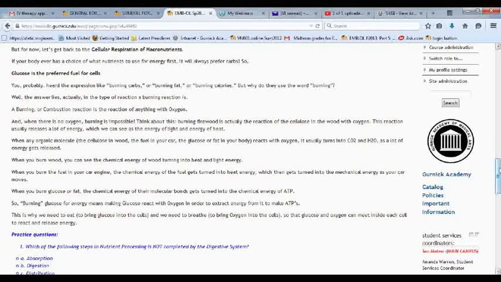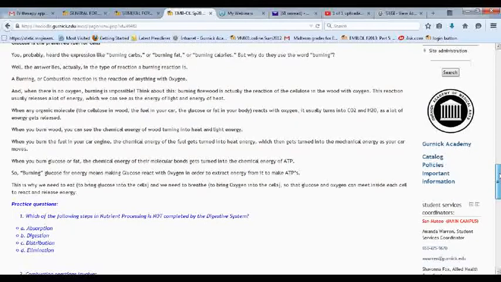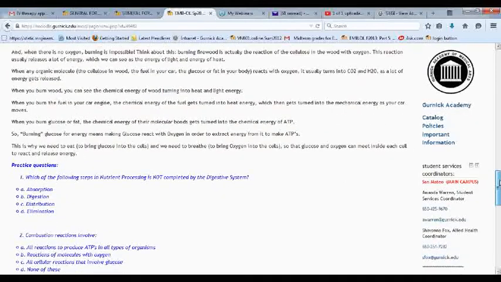Okay, now, of course, without oxygen, you can't burn anything. All right, so if you want to burn glucose for fuel, you have to make it react with oxygen. So how do you do that? Well, this is why you need to eat to bring glucose into your cells, and you need to breathe to bring oxygen into your cells.